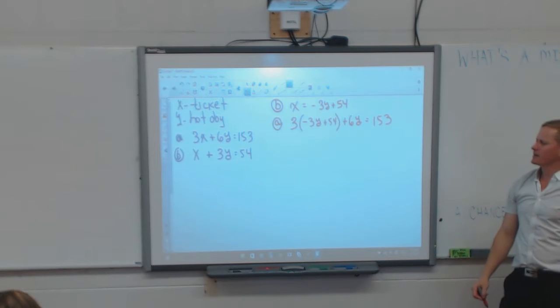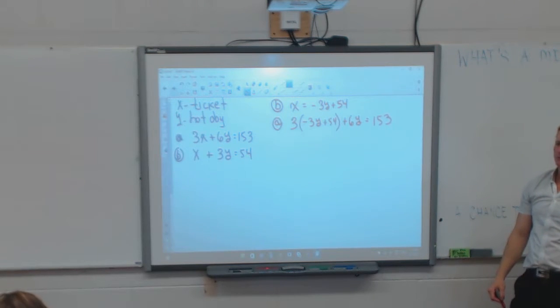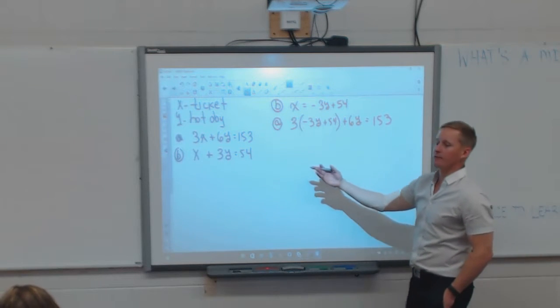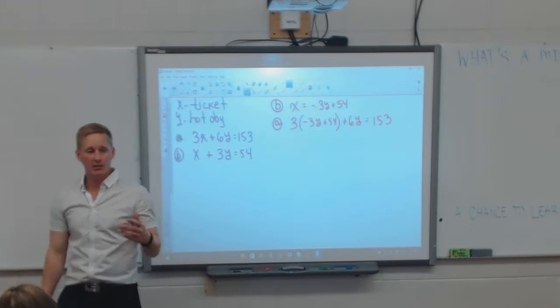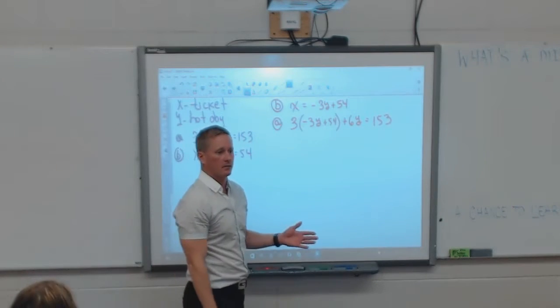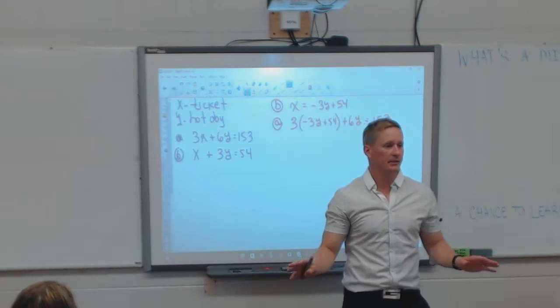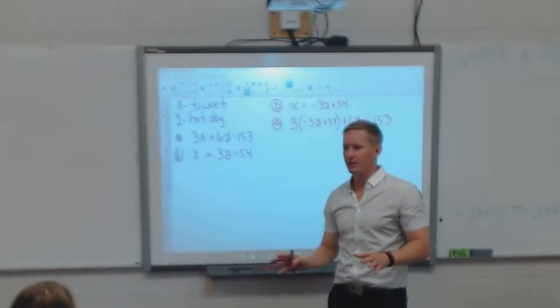So now I've eliminated one of my 2 variables, and I'm only going to work with 1. In the first one I isolated y; in this one I isolated x. Whatever's easiest, that's the process you take.